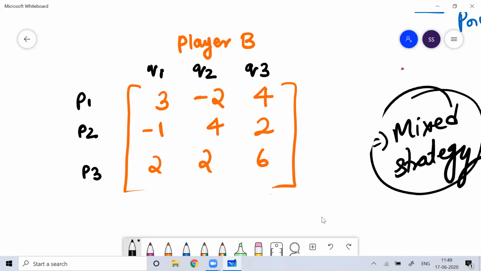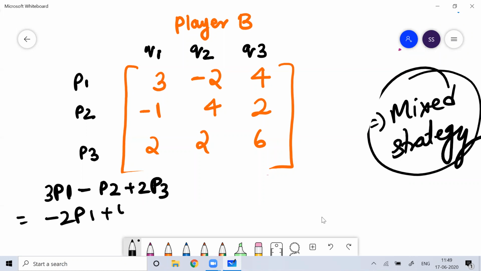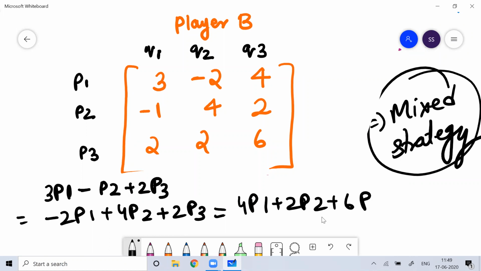If you put probability, it will not help you, because it will be a 3 into 3 matrix. If you think of putting probability, your equation would be 3p1 minus p2 plus 2p3, equal to minus 2p1 plus 4p2 plus 2p3, and then equal to 4p1 plus 2p2 plus 6p3.